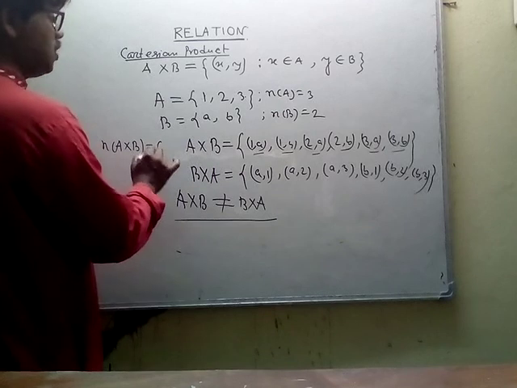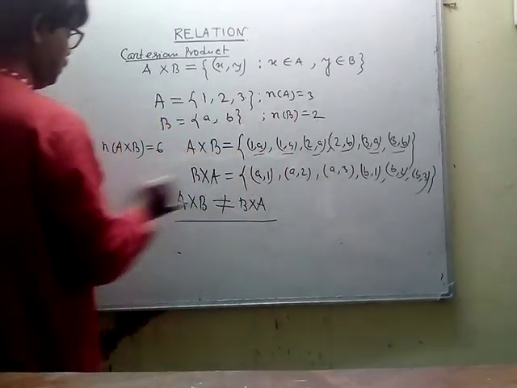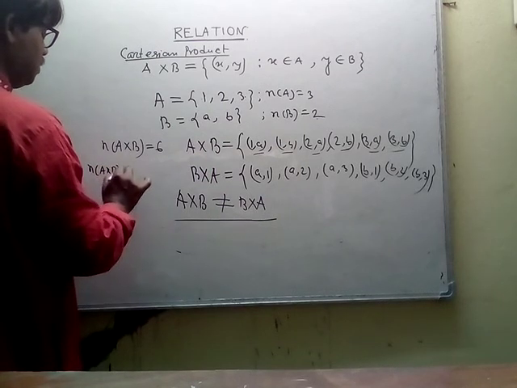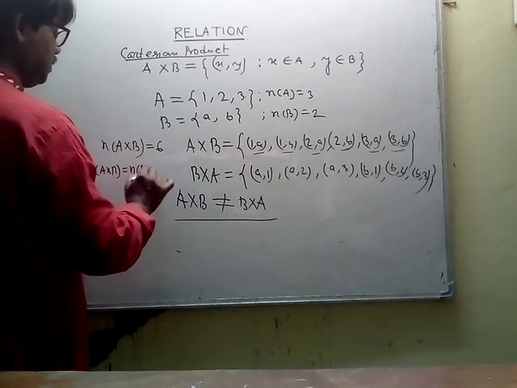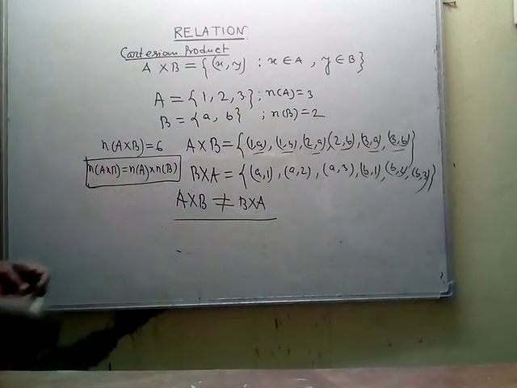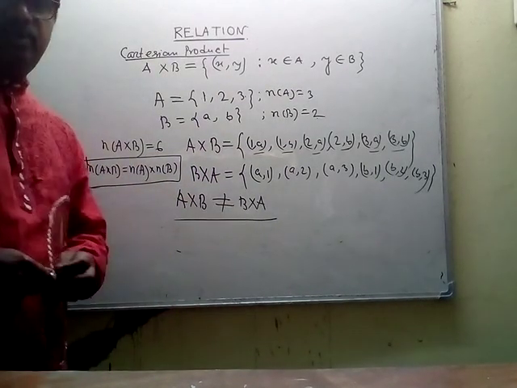Obviously, 6 means 3 into 2. That is, n(A cross B) equals n(A) into n(B).